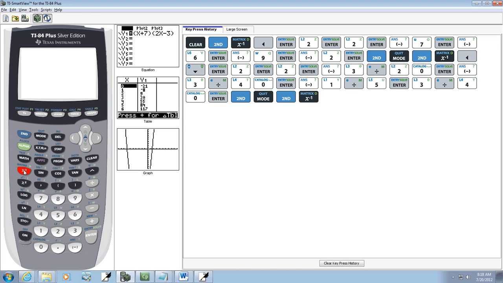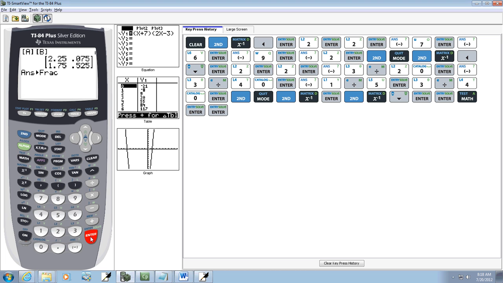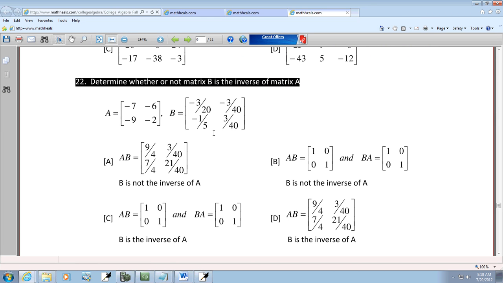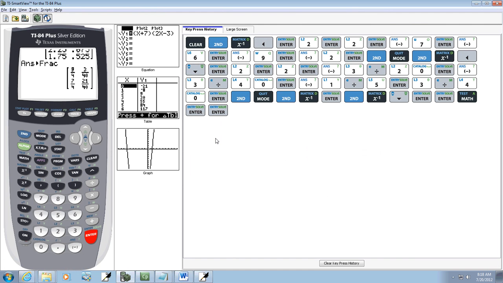So I go into my matrix menu, second x to negative 1. I do enter on A. Go back into my matrix menu, down arrow to B, press enter, and then enter again. And I get math, enter. Well, that changes in fraction form. Definitely it's not a diagonal of 1s and 0s everywhere else. What did I just do there?